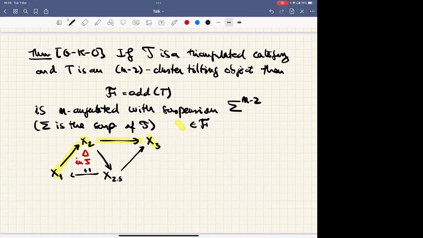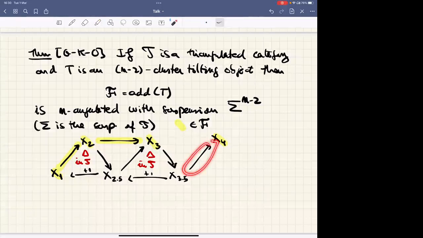Then we take again the mapping cone of this map in the triangulated category, and here we get an object which should be called x 3.5, which is part of an exact triangle in T. Again, we embed x 3.5 in an object x4, which belongs to F.